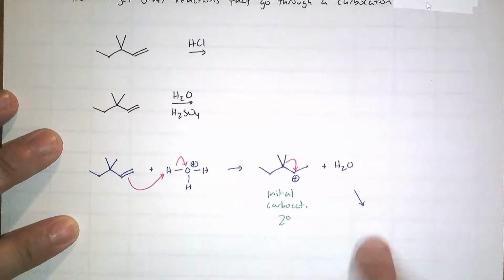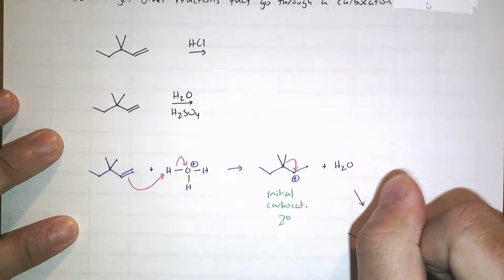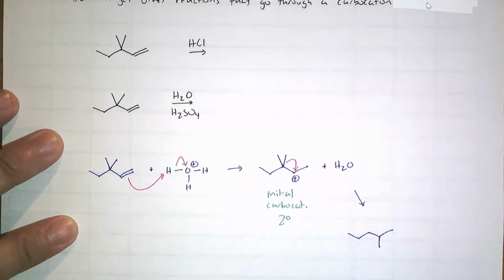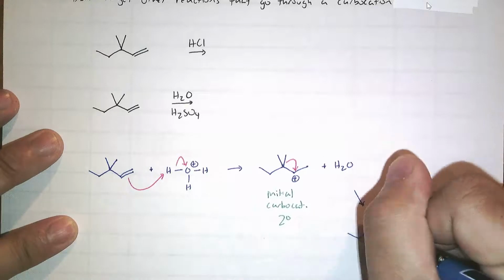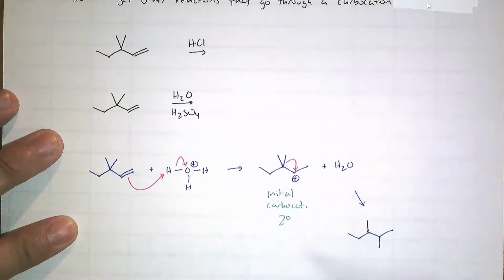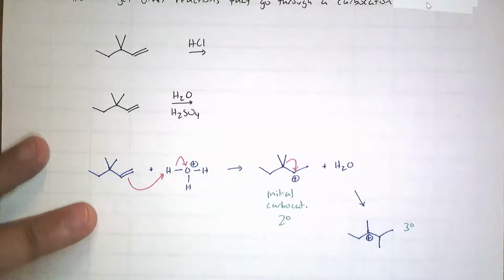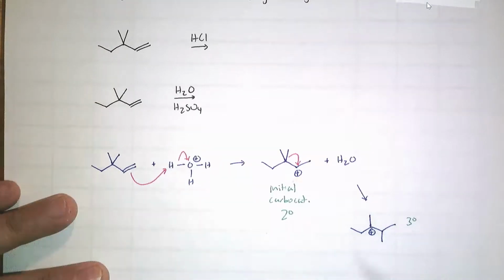Can you predict the intermediate here now? See that methyl goes to this carbon, so we'll put a methyl there. This methyl still exists, okay? And now the plus charge is on the carbon that only has 3 bonds, which is this one. And there you go. We have a tertiary. Shall we finish the mechanism?